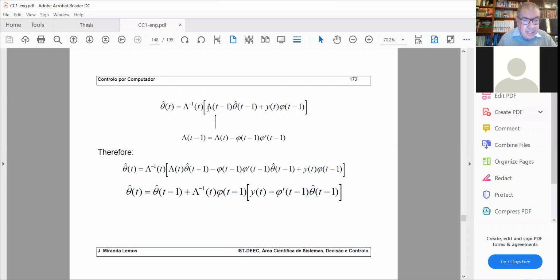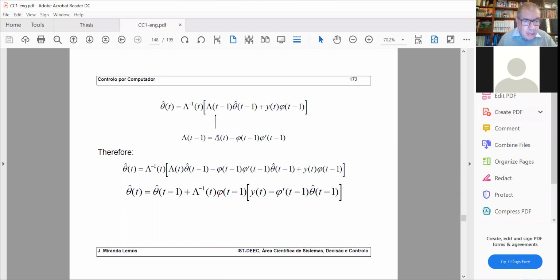So I have this equality here, and I can replace lambda of t minus 1 by lambda of t minus phi phi transpose of t minus 1. I do this, and I get this expression because everything here will multiply theta hat of t minus 1, the estimate at time t minus 1.